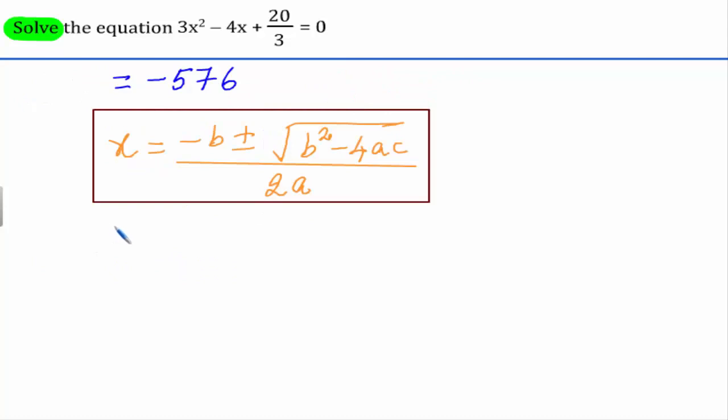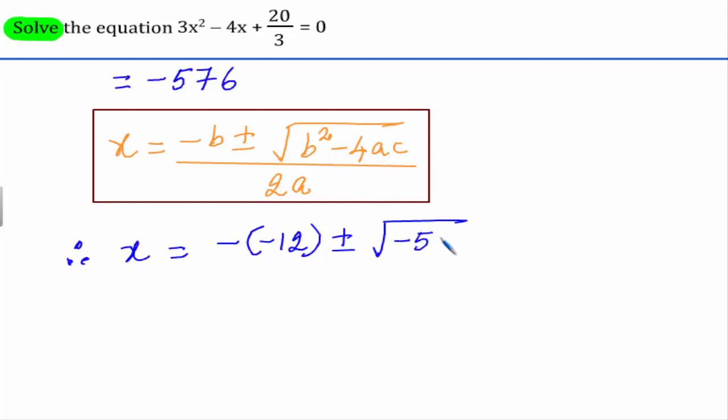Using the quadratic formula, we get x is equal to minus of minus 12 plus or minus root over the value of b square minus 4ac, which is minus 576, divided by 2 multiplied by 9.